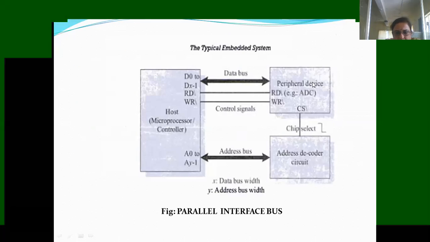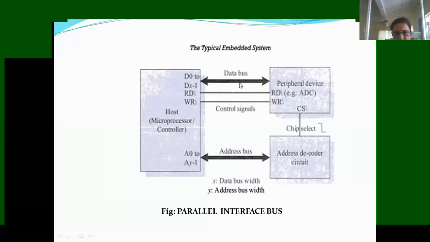You can see here who is acting as a master. The microcontroller is acting as the master, and the slaves are nothing but the peripheral devices, the devices connected on the printed circuit board. Either it can be an analog to digital converter, or the RAM or the ROM, right? And again, here the data transmission does not happen in a serial way, but over the parallel bus.